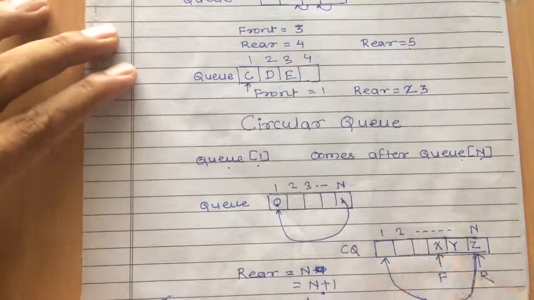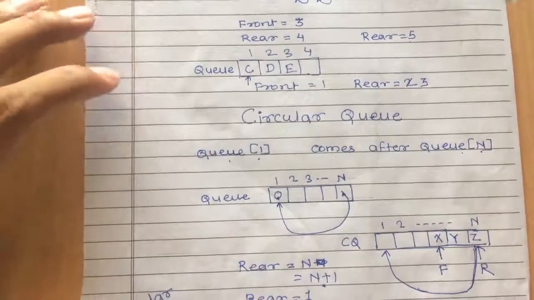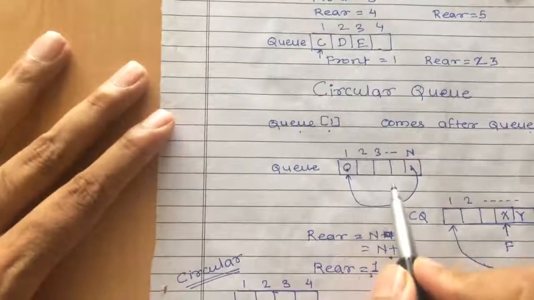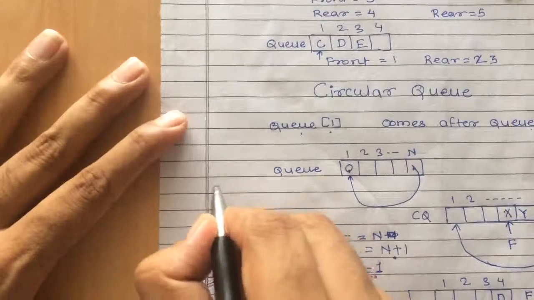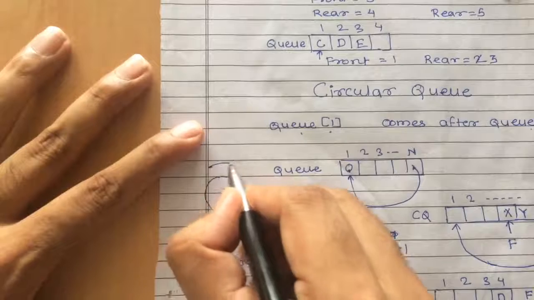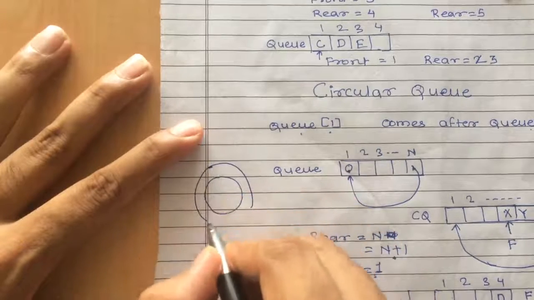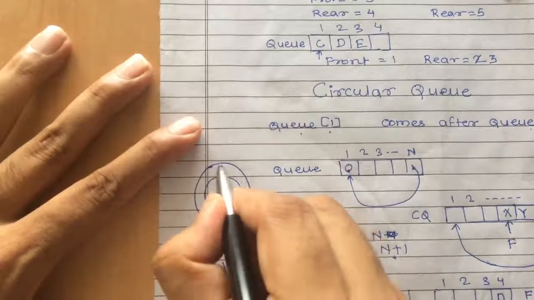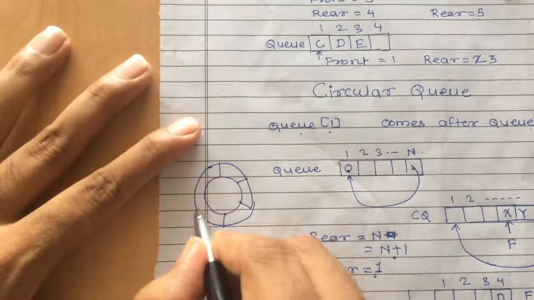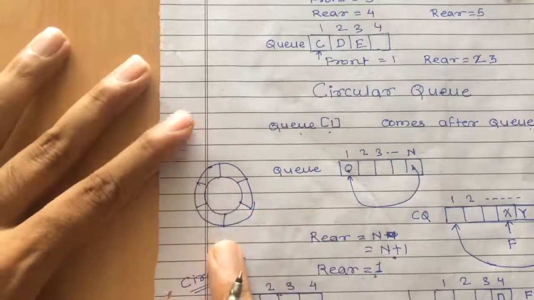Right? In different books we will get different types of pictures. In some books you will get such a picture of queue.